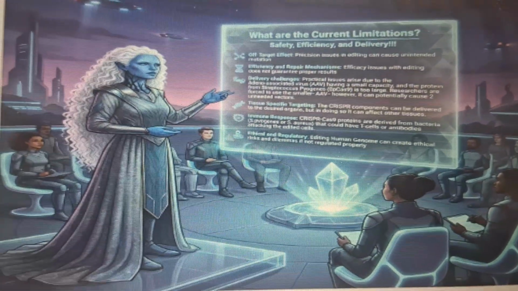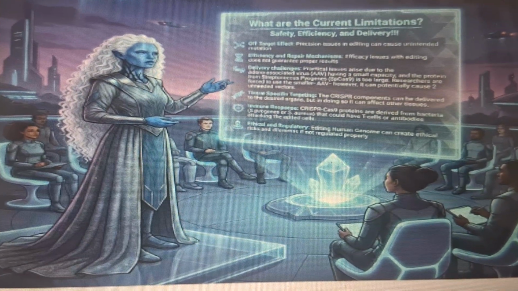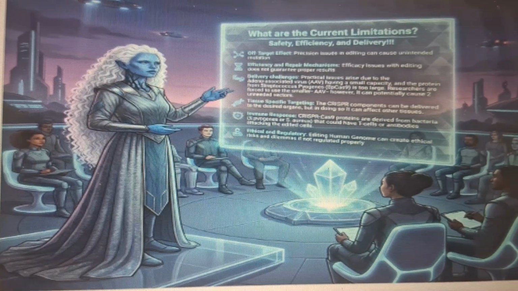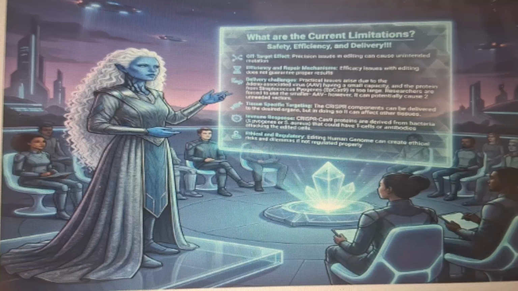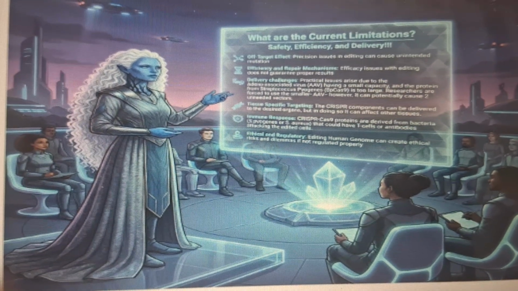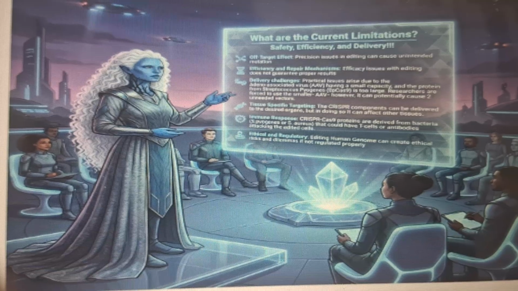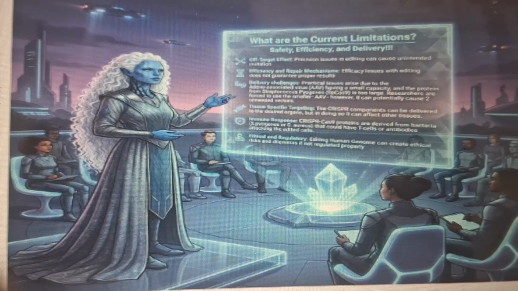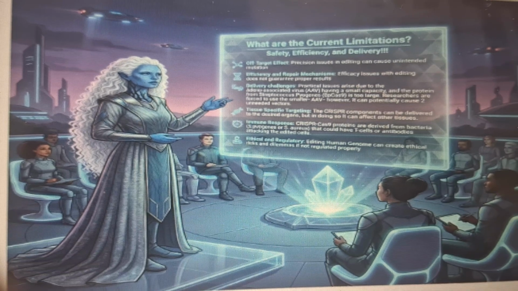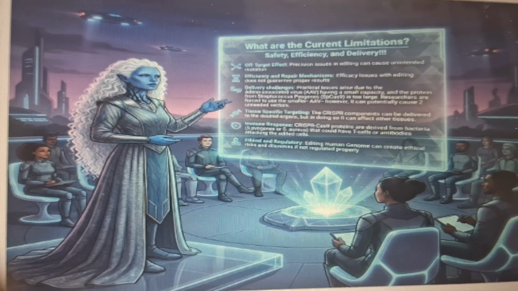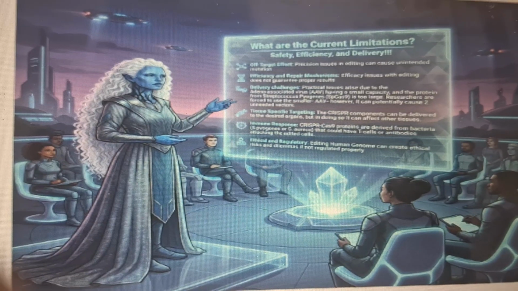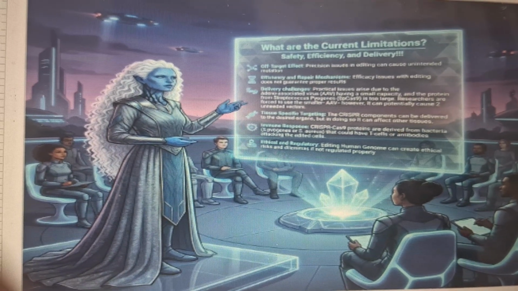Now let's go back to current limitations on CRISPR-Cas9 again. Like I mentioned before, off-target effects, precision issues in editing can cause unintended mutations. Efficiency and repair mechanisms. Efficiency issues with editing do not guarantee proper results. Another one is delivery challenges. Practical issues arise due to the adeno-associated virus, or AAV, having a small capacity.